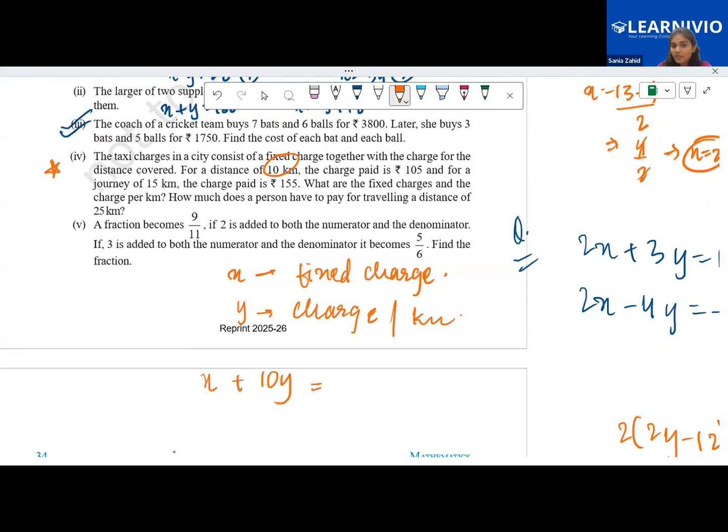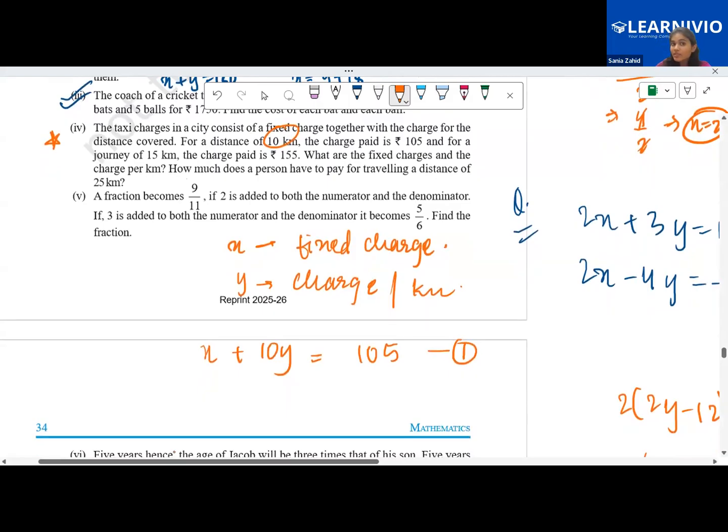How much is he paying? 105 rupees. So this is your first equation. What does the second equation become? If he's traveling 15 kilometers, x plus 15y gives you how much? 155. That is the second equation. All right. So do you understand these types of questions?